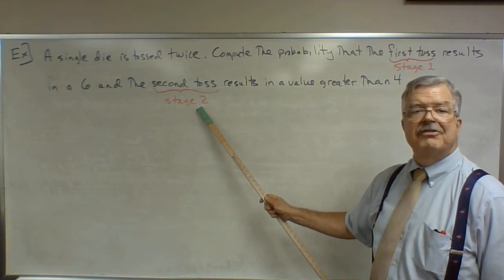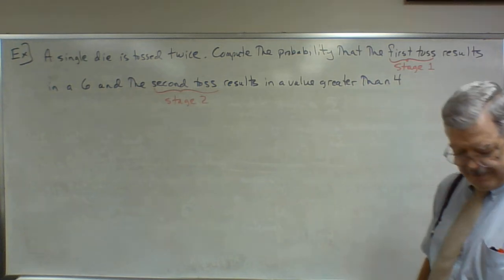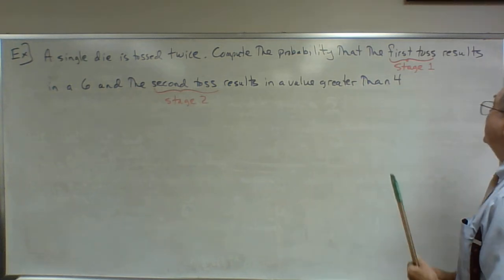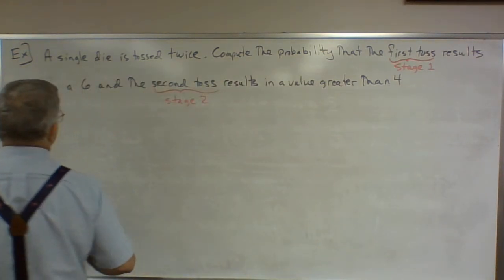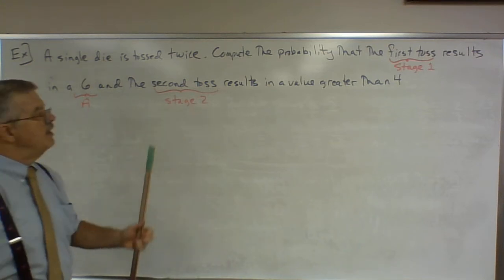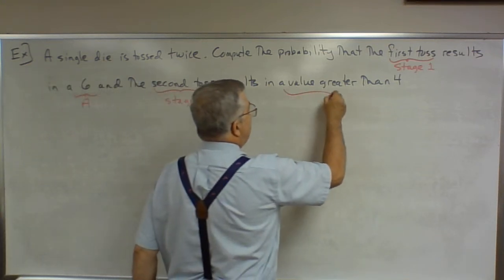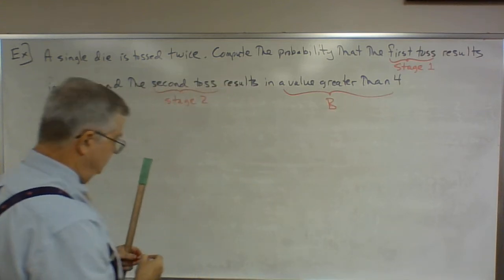Second toss, that's stage 2 of the experiment. This is a two-stage experiment. And the first toss, we want to result in a 6. So that's A. The second toss, of value greater than 4, that's B.